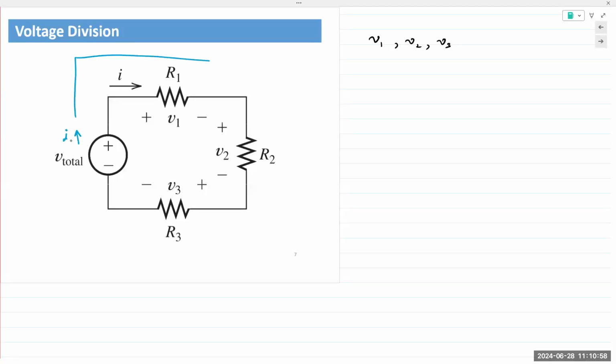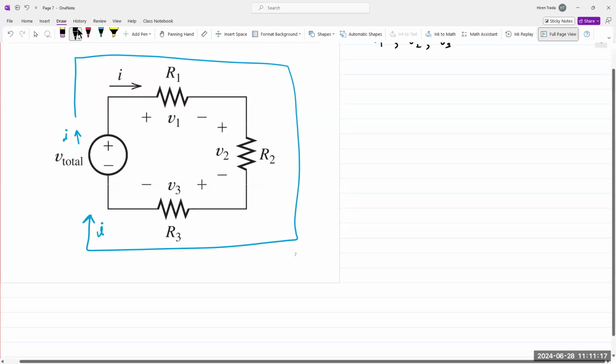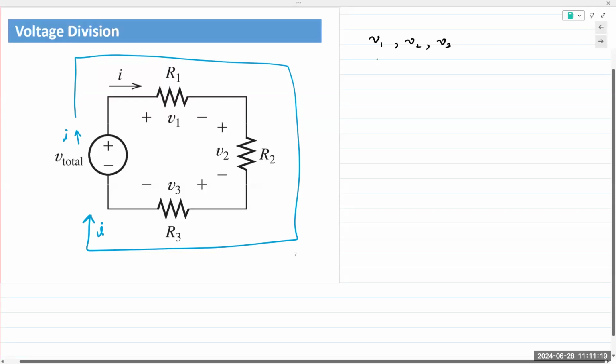I has nowhere else to go except through all the resistors. So in a series circuit, the current always remains the same for all components, whereas the voltage gets divided. In a series circuit, current remains the same and the voltage gets divided.